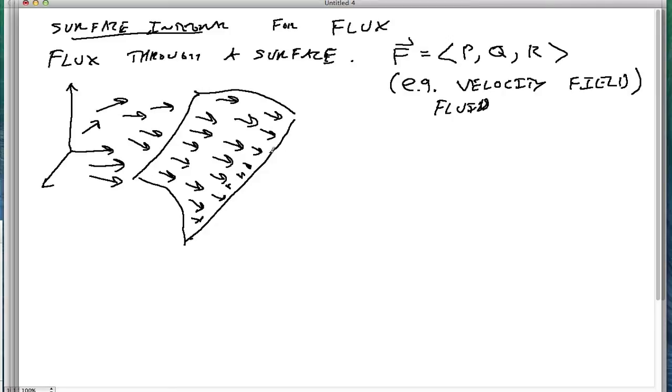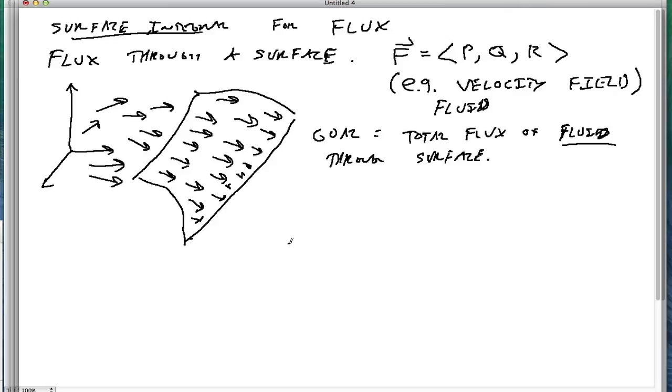Again, the goal here is we want to compute the total flux of fluid, or it could be an electrical field, which we call just the electrical flux, but we'll think of it as a fluid today. A total flux of a fluid through a surface.